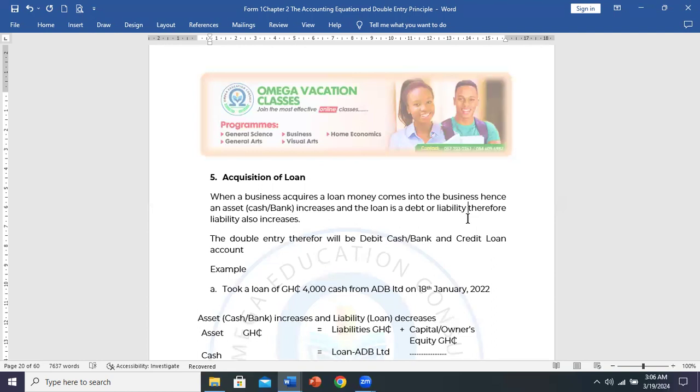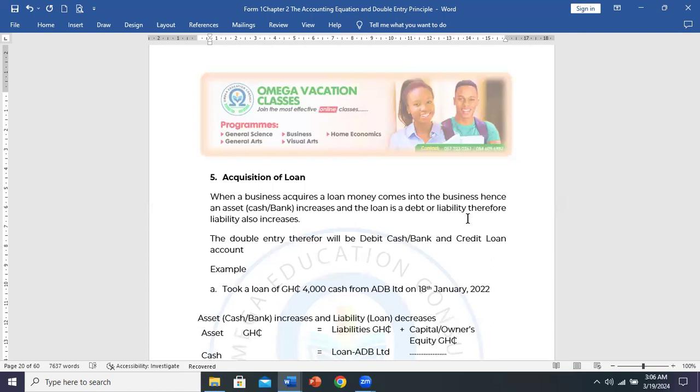So Luca Pacioli always looks at the two sides. Yes, I have a liability, which is loan, but the loan is also money. So that is cash. If it is paid into an account or via check, then that is bank. Let's look at how you deal with this transaction. The first thing will be the loan, which is the liability.